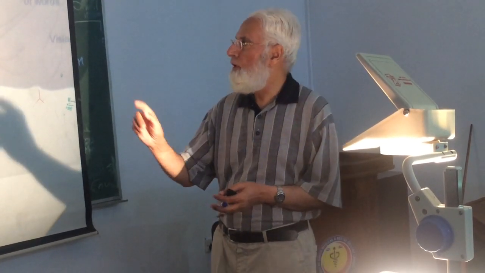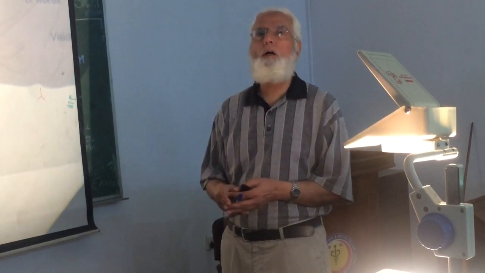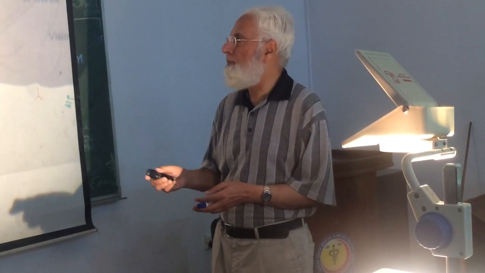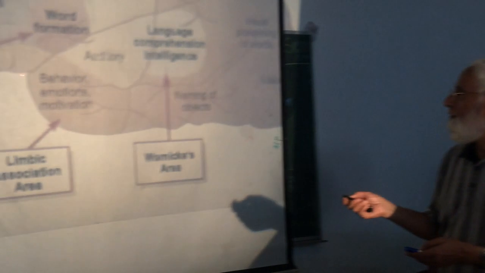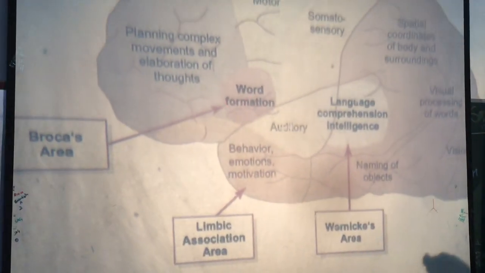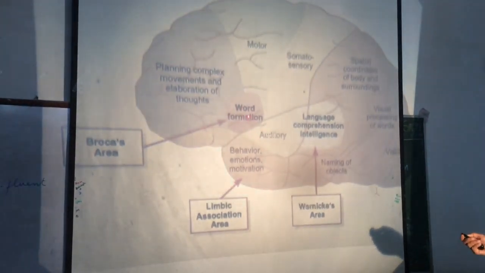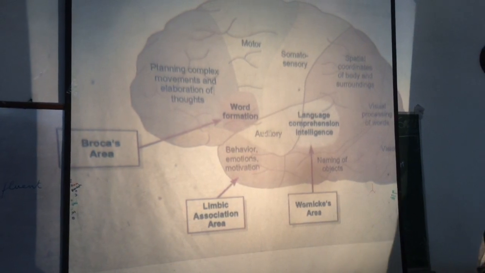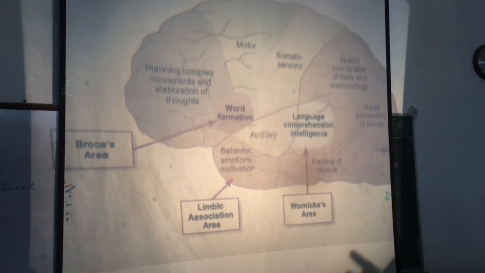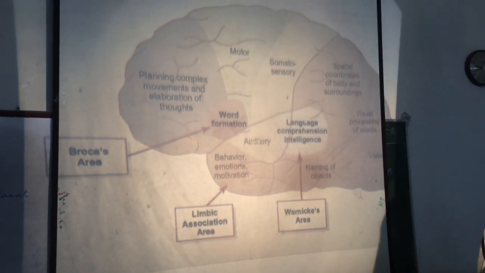It is due to lesion in the Broca's area, the motor speech area. So lesion in the Broca's area results in motor aphasia or non-fluent aphasia.